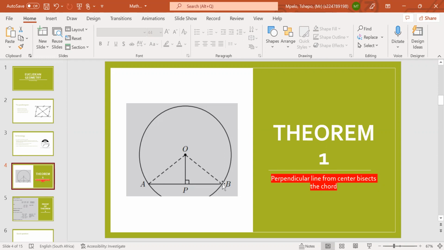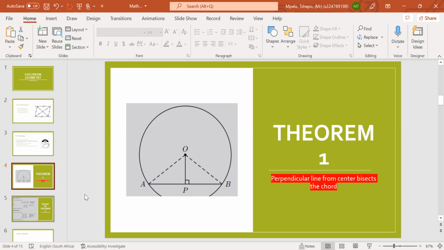You join OA and OB in a way that you're going to have triangles AOP and BOP. So the first thing that we did was to make two triangles.